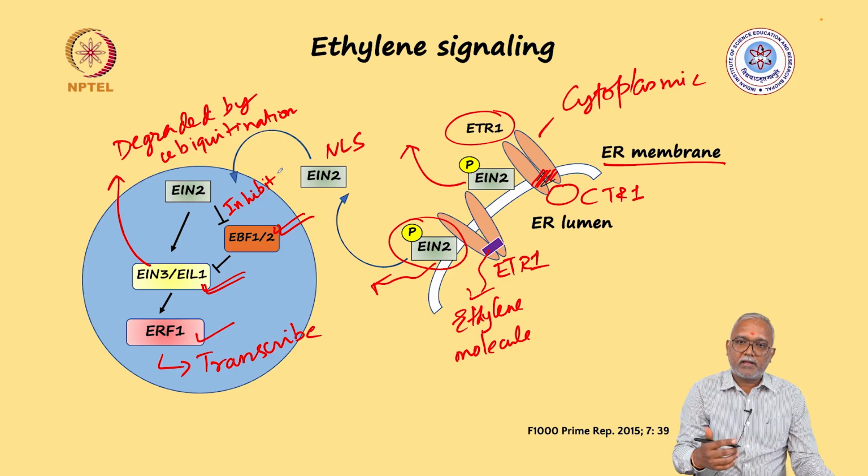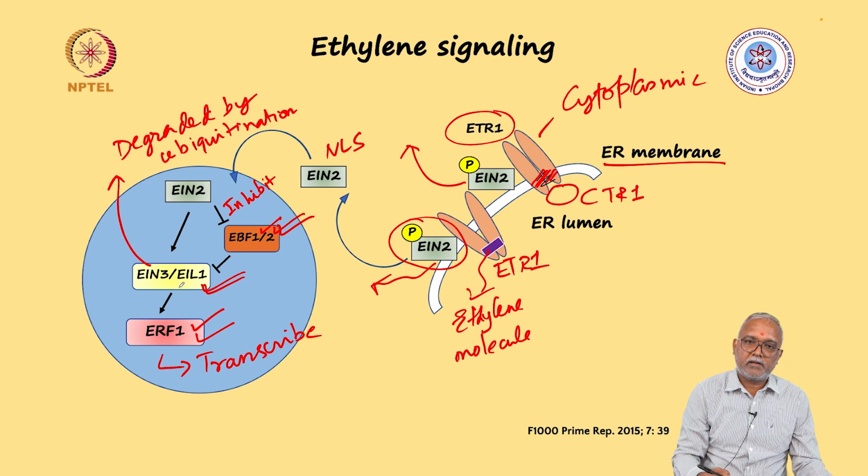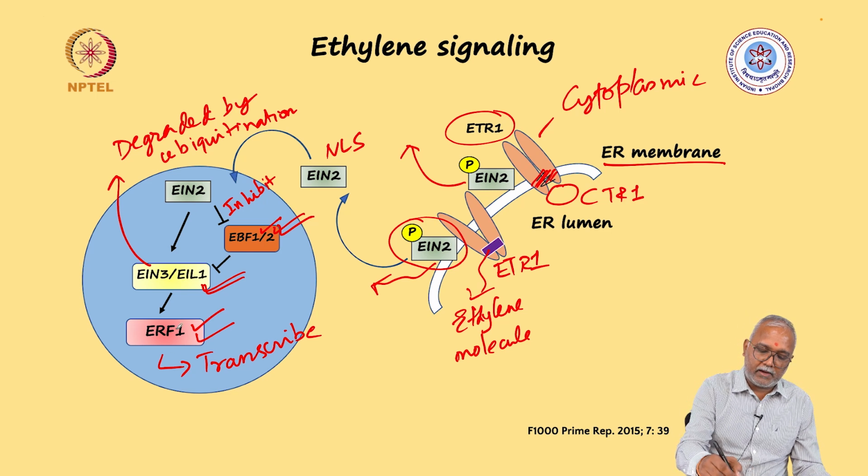In previous classes we saw how a kinase was kept inactive by the binding of an inhibitor, and you need an anti-inhibitor to activate the system. You can think of a similar scenario happening here, where ERF1 is kept inactive by this inhibitor, or something which is degrading the activation molecule. Now this process is activated by inhibiting the inhibitor.